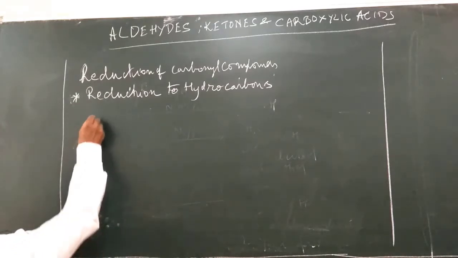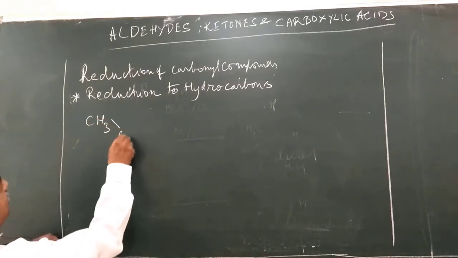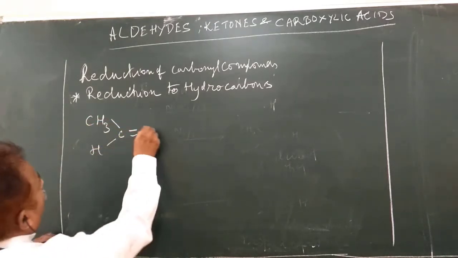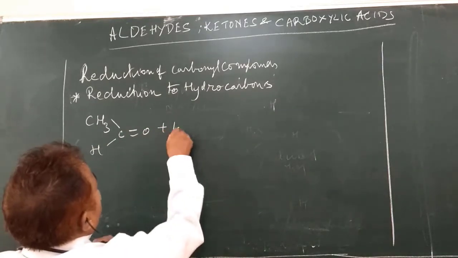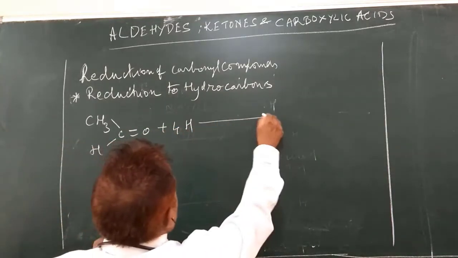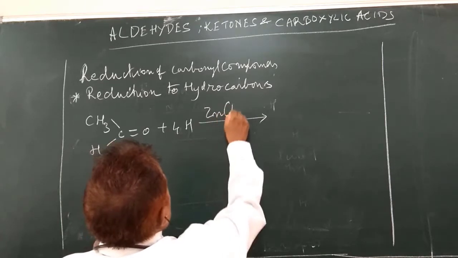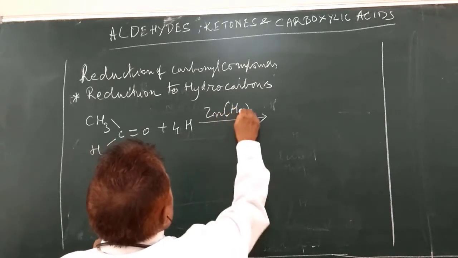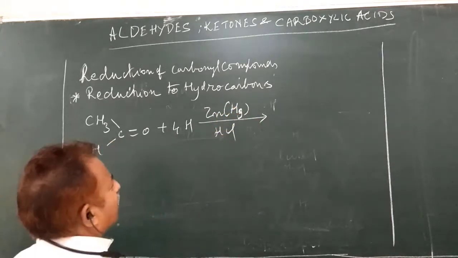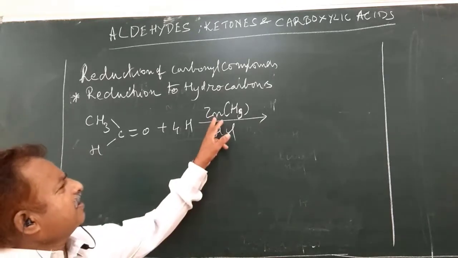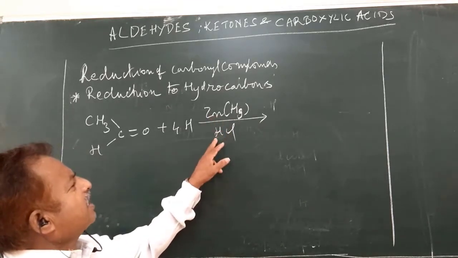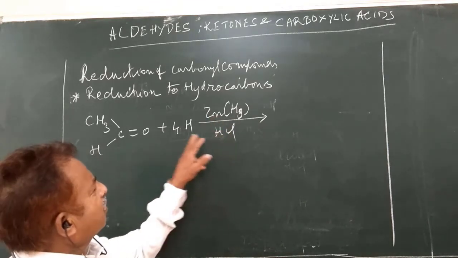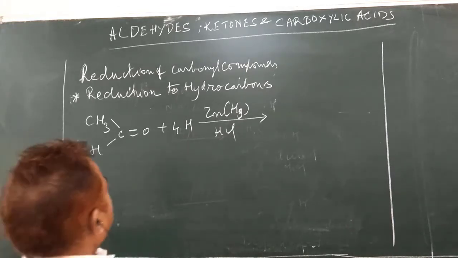So here CH3CH double bond O, this is aldehyde plus 4 hydrogen atoms. This is zinc amalgam in the presence of HCl. Here zinc present in zinc amalgam reacts with the hydrogen chloride, that is hydrochloric acid, we get a nascent hydrogen.